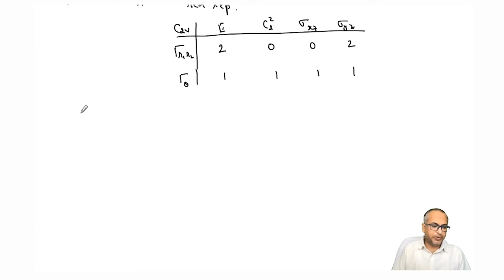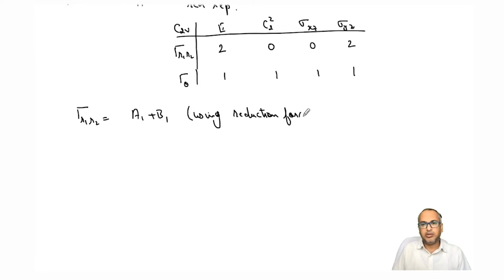We can say R1, R2 is equal to A1 plus B1 using the reduction formula. I'm sure you all know how to do this now, so we are not going to go into details of this. Similarly, delta theta is equal to A1. That is very clear from here itself. By looking at the character table, you know that this is the totally symmetric representation.